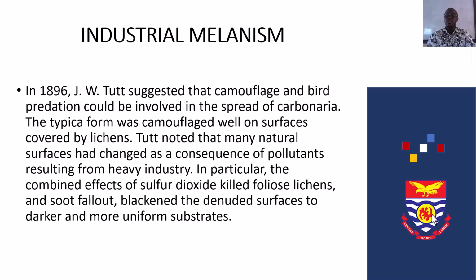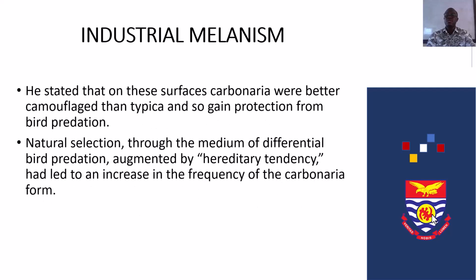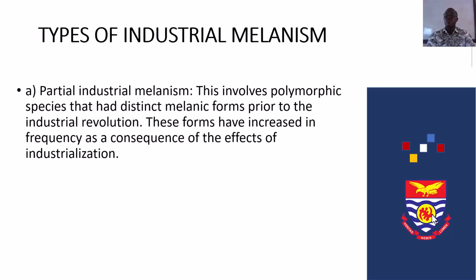In particular, the combined effects of sulfur dioxide killed foliose lichens, and soot fallout blackened and denuded surfaces to darker and more uniform substrates. He suggested that on these surfaces, carbonaria were better camouflaged than typical, so gained protection from bird predation. Natural selection through the medium of differential bird predation, augmented by hereditary tendency, had led to an increase in the frequency of the carbonaria form.